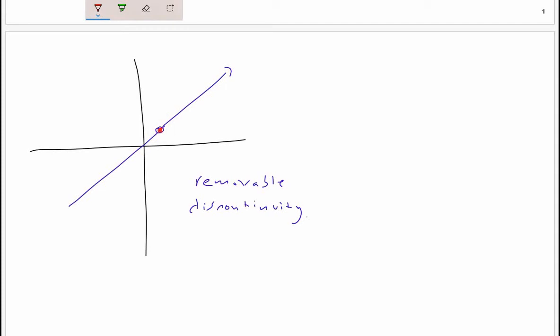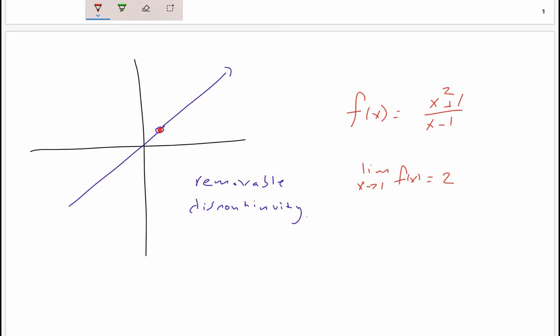An example of where this might happen is if f of x equals x squared plus 1 over x minus 1. Now, the limit as x approaches 1 for this function would be, let's see, 2.